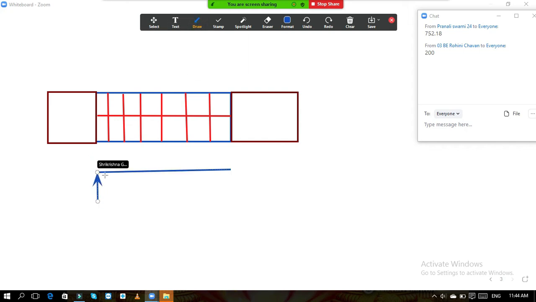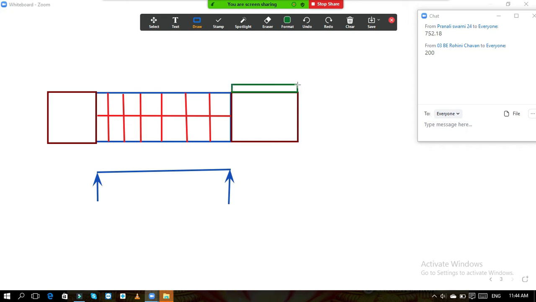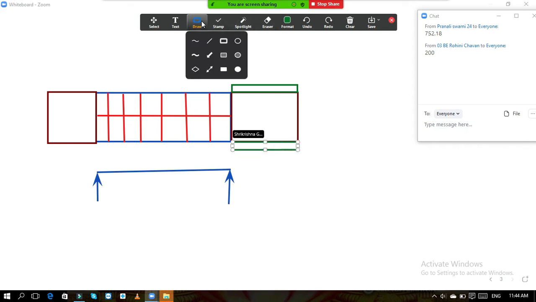So here will be the support, landing is there, here also support, landing is there. But now what will happen, you see, if you consider this landing, the support is given in this fashion. The support is given over here at this point. At this point support is given to this landing.